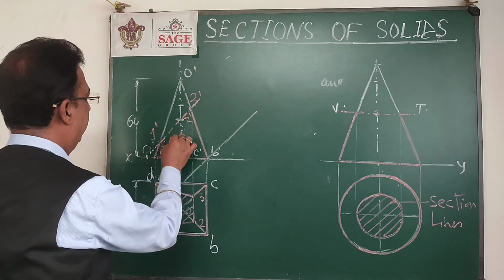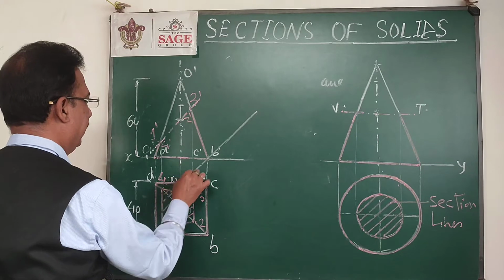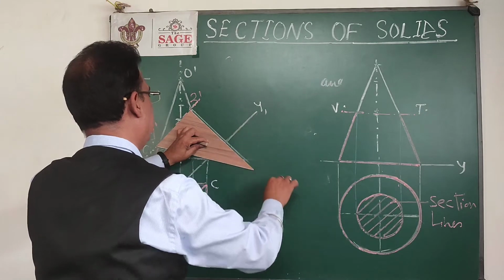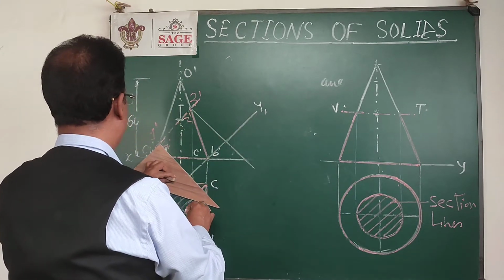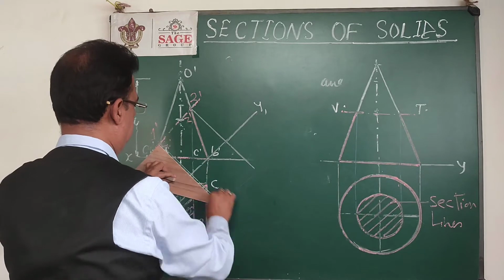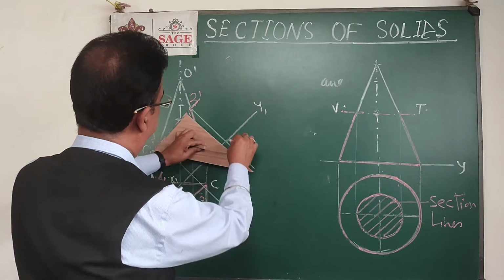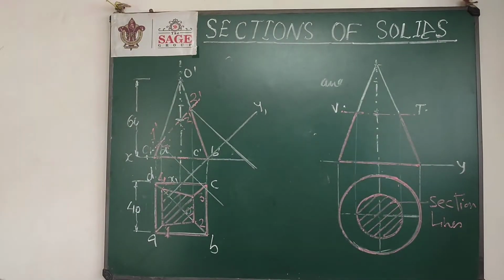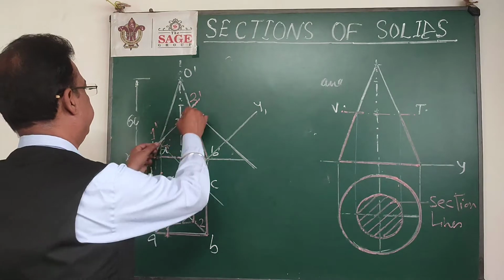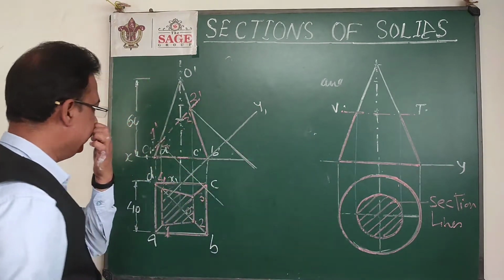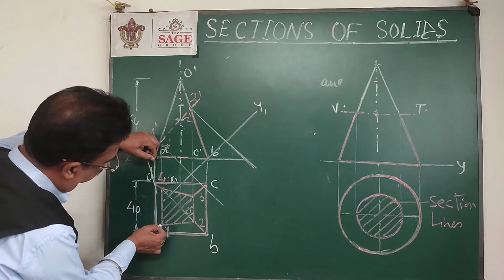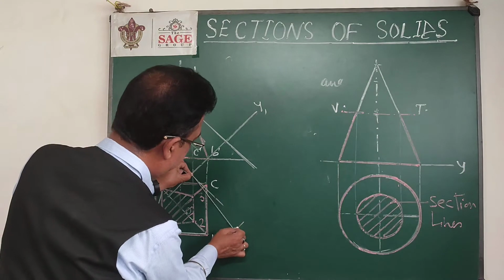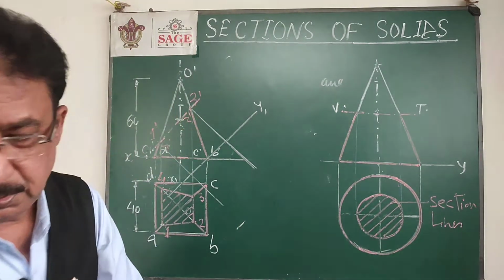So any line parallel to this cutting plane, and suppose I name that x1, y1, and now from this cut part I will draw these 2 perpendiculars on this line, and we will pick the distances from the old top view. So if this will be the distance of 1 from the old xy, that will be the distance of the new 1 from the new xy.